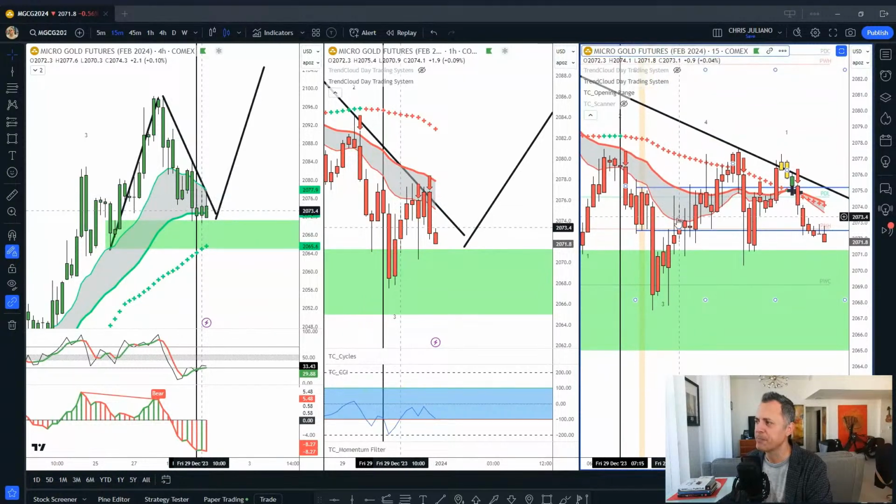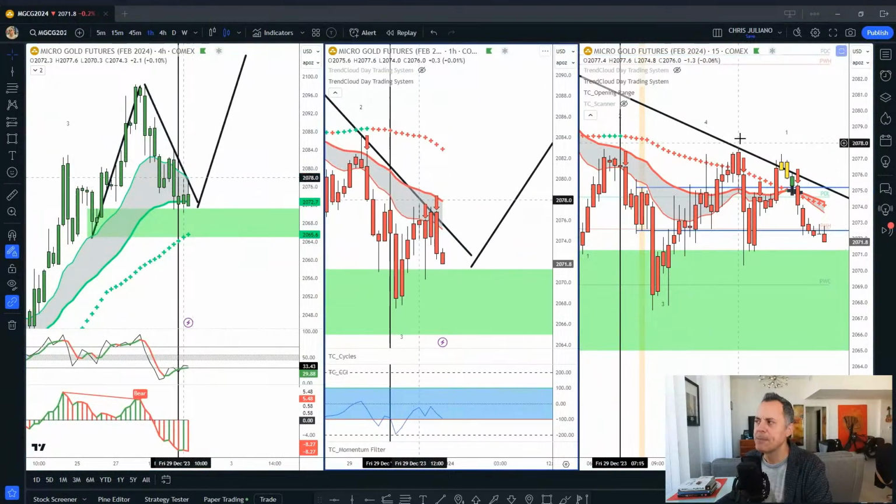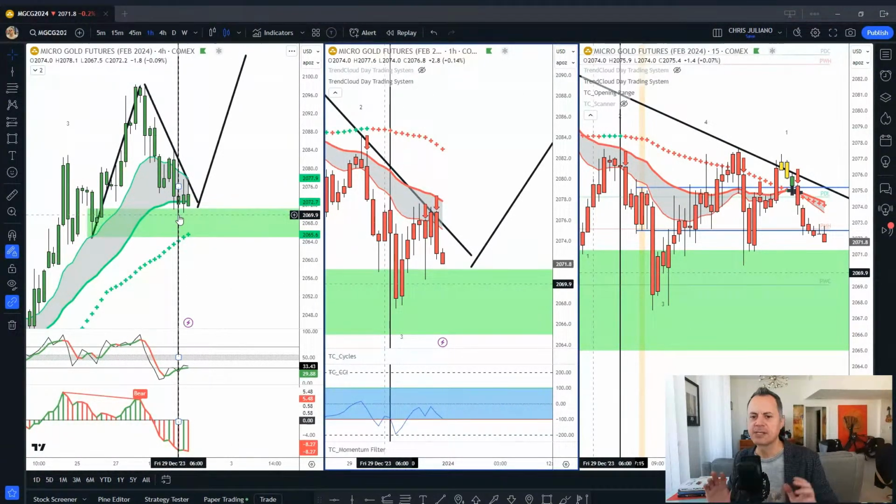But you can see you don't really want to take the retest of the opening range here because your high time frame is in an uptrend, right? And we've got mixed signals all over the place. We've got an uptrend, a downtrend, momentum is down, which is against the trend. Mixed signals mean walk away from the trade.